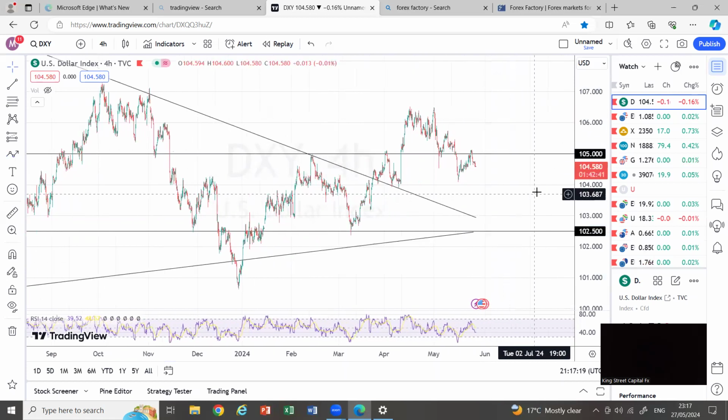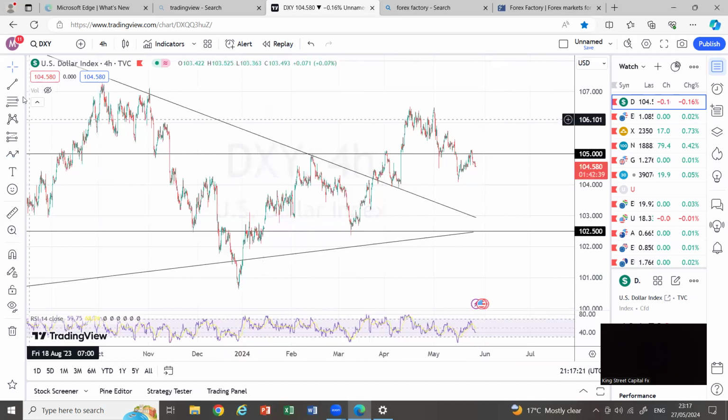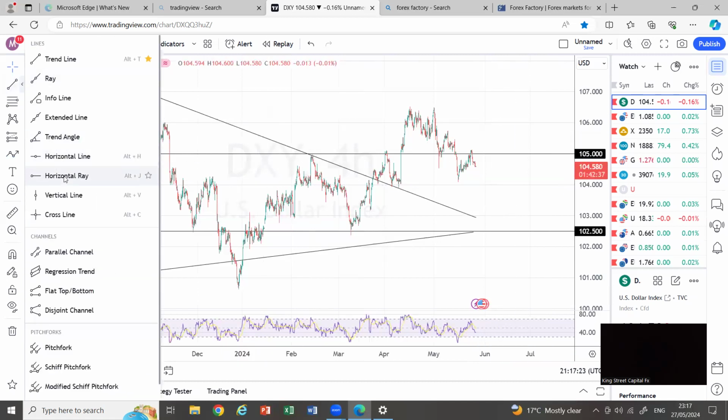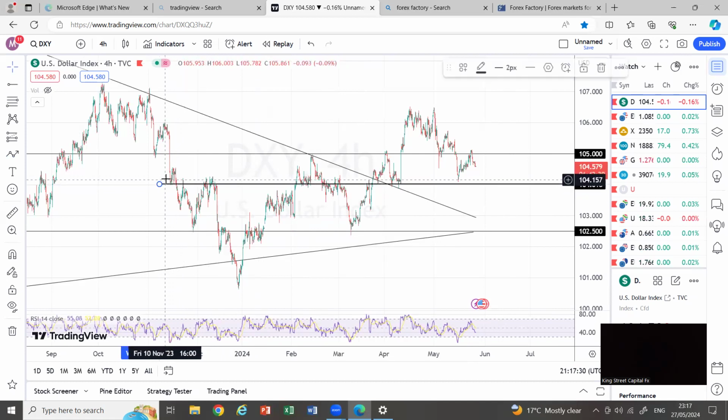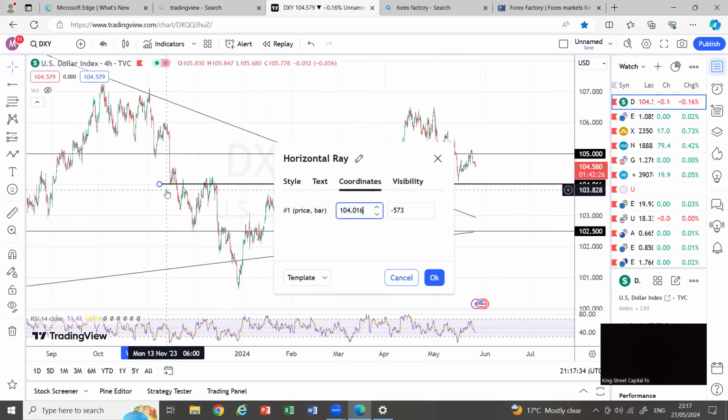All right, we can see we are at this level of 104. Let's just draw this horizontal ray. 104 has given us some reactions.